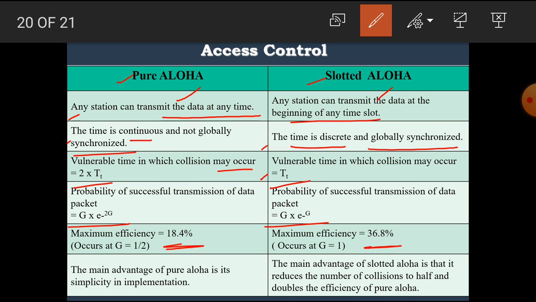The main advantage of pure ALOHA is its simplicity in implementation, and the main advantage of slotted ALOHA is that it reduces the number of collisions to half and doubles the efficiency of pure ALOHA.